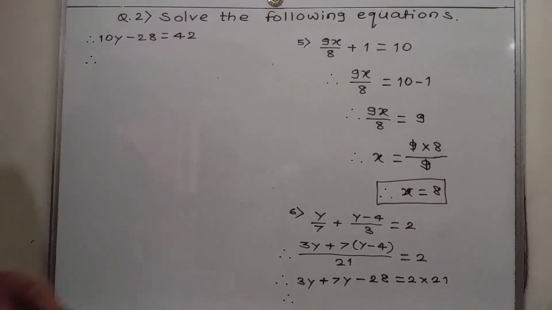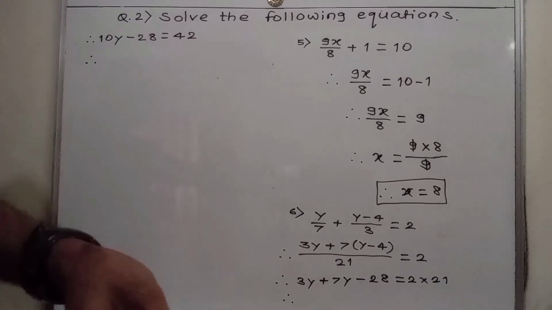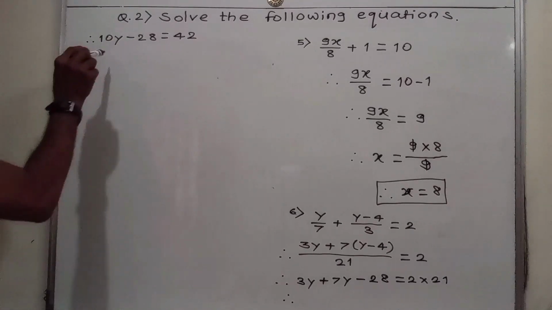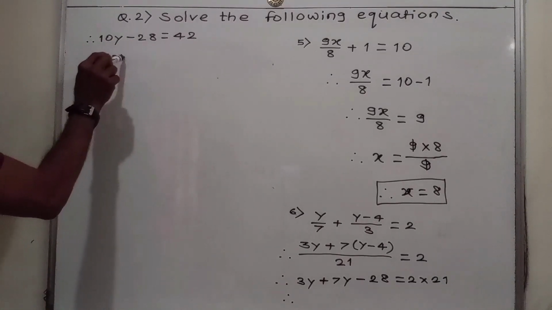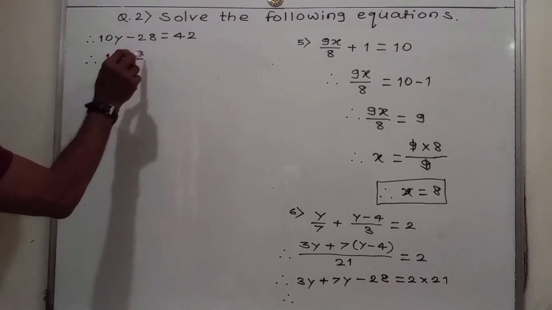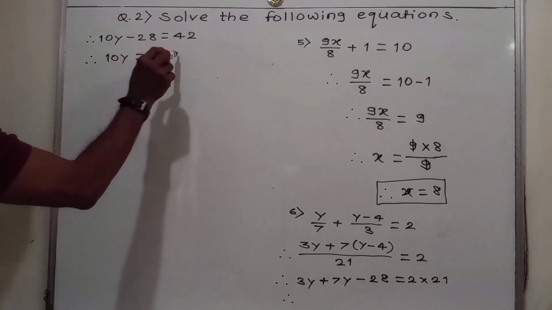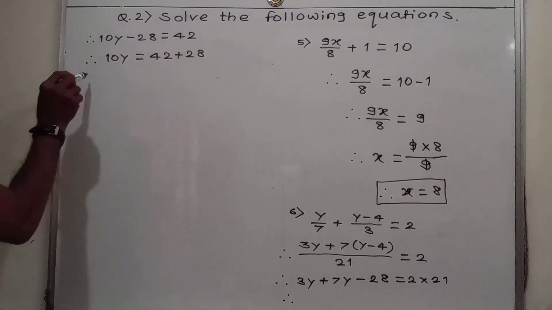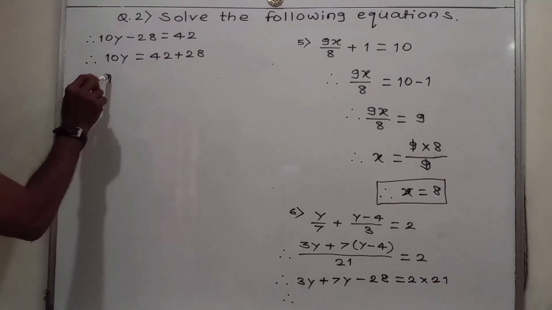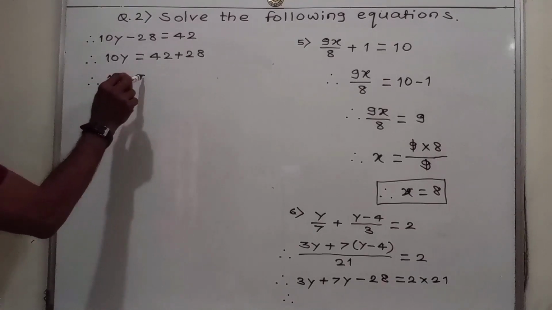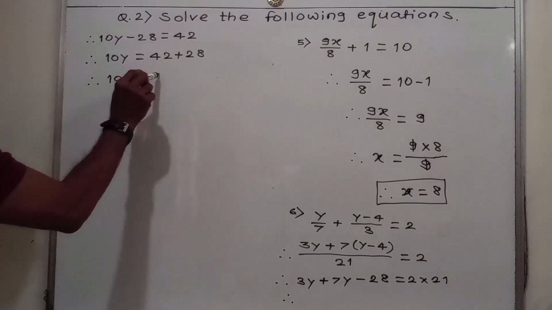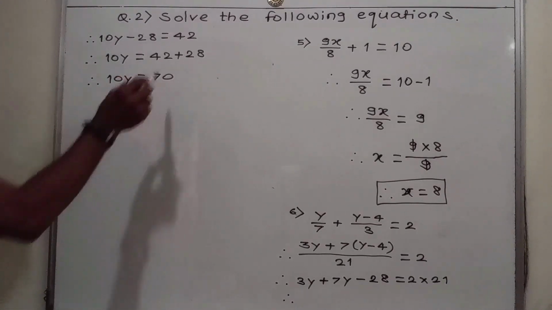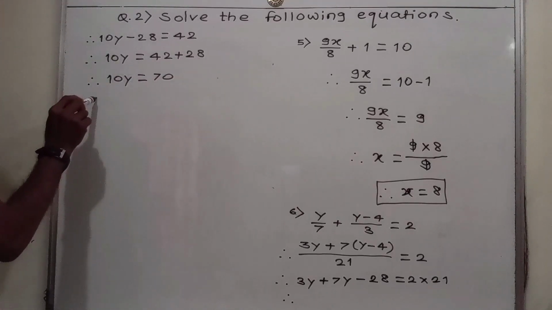42 and 28 plus 28 gives 70. Very good. Clever boy. Very good. Therefore, 10y is equal to 70, the addition of these two.